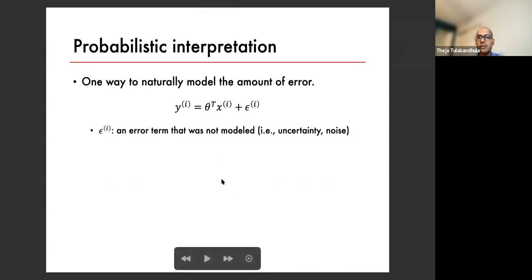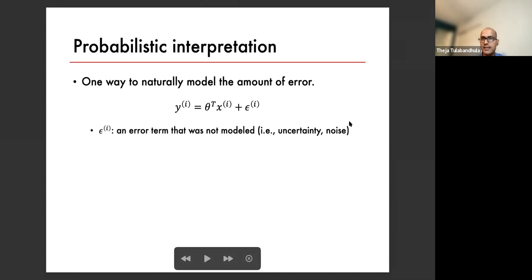Okay. So this is the probabilistic interpretation. Now we are making things random variables. We're going to assume, and this is an assumption, that yi is equal to theta transpose xi.